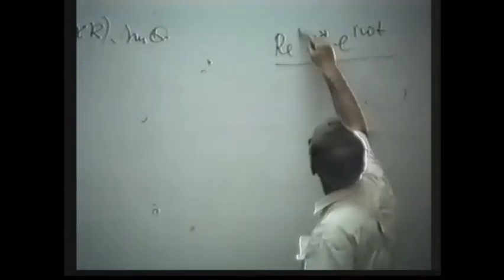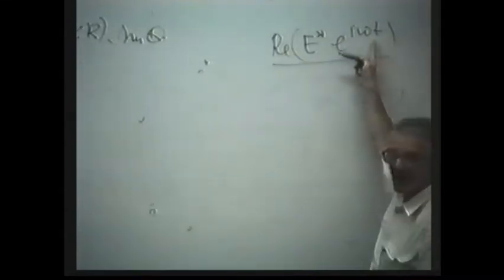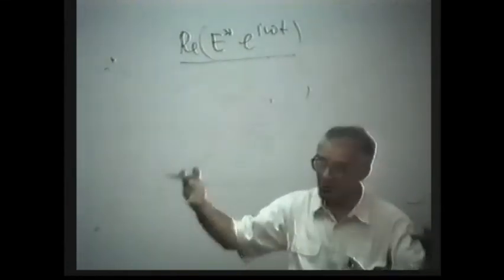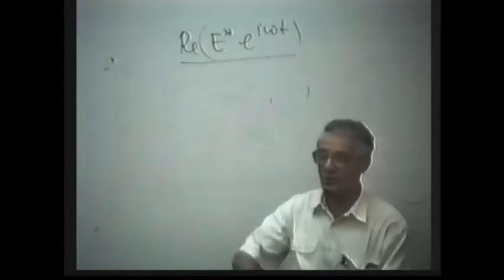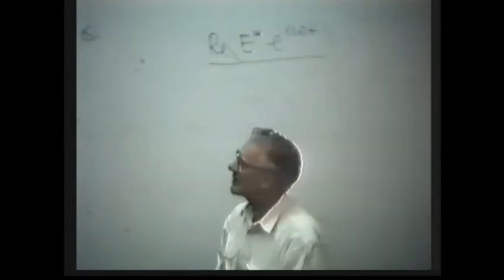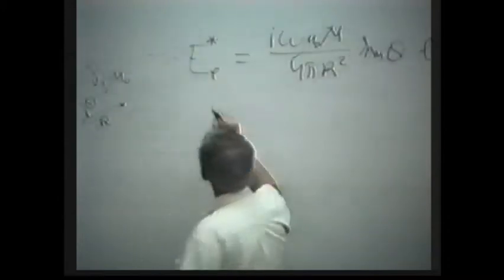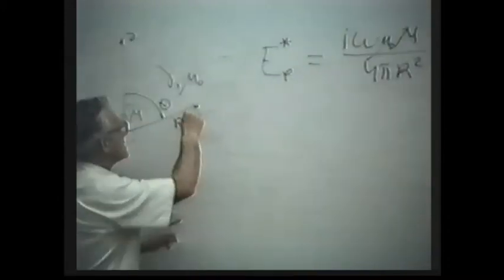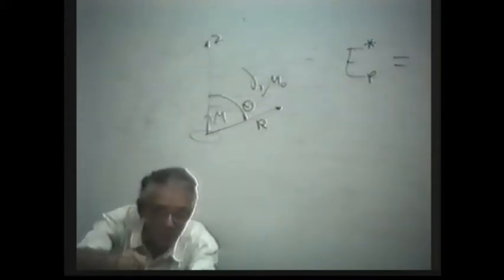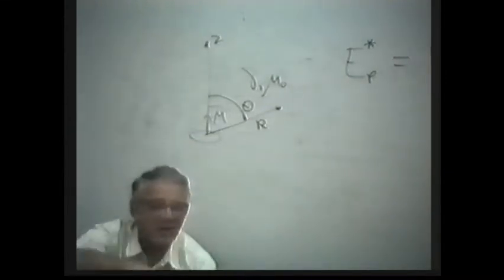That's it. This is a complex number, but the real part will be a real number. You will see cosine of omega t plus phase. Now, there is an electrical field, as we expected, because the horizontal loop goes all around.